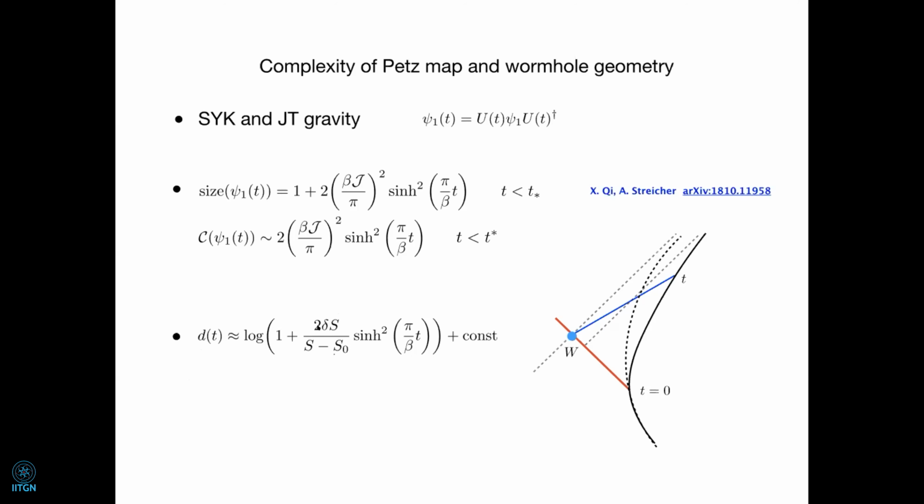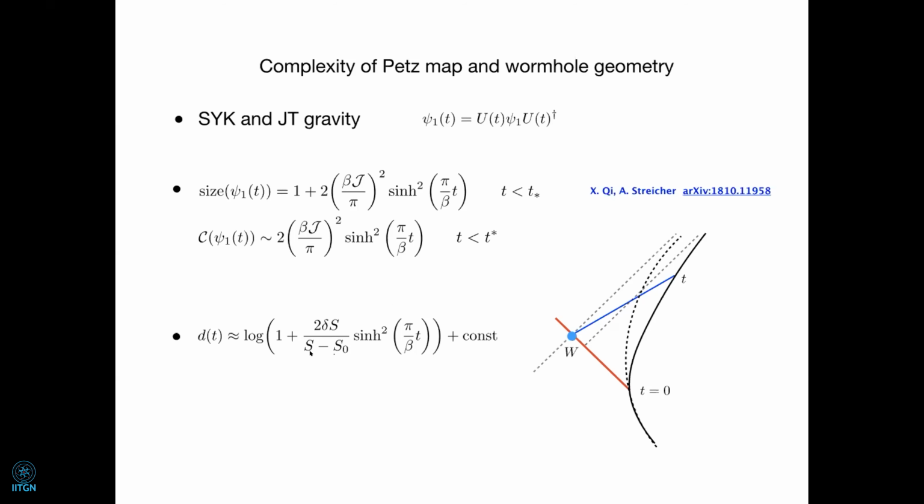This small number, delta S, is the increase of the black hole entropy due to this actual spin. This S minus S naught is the black hole entropy minus the extremal entropy. We see that this combination will saturate.